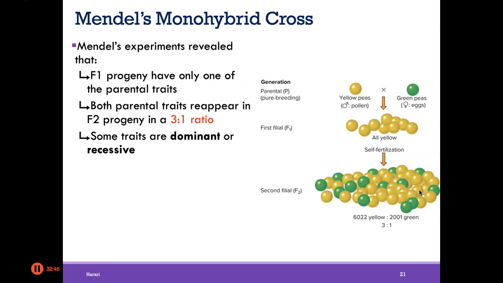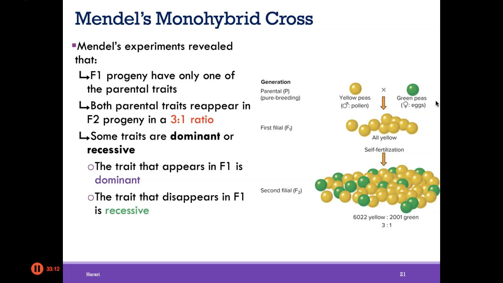Mendel referred to traits as dominant or recessive, but we now say that alleles are dominant or recessive. But what Mendel observed was that some traits were dominant to others. Some traits were able to mask the expression of other traits. So in this case, the trait that appears in the F1 was dominant to the other.